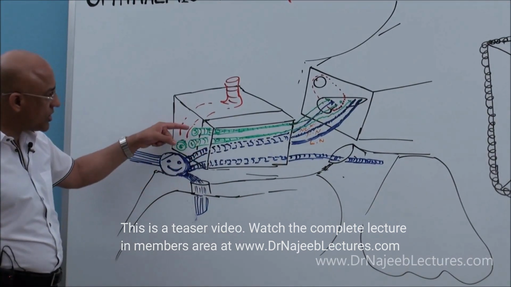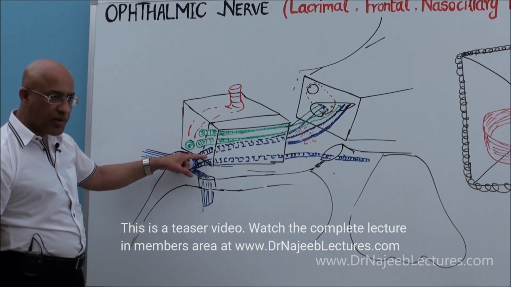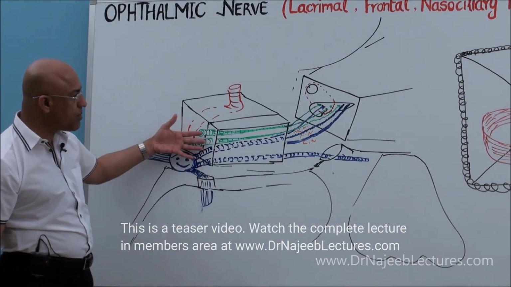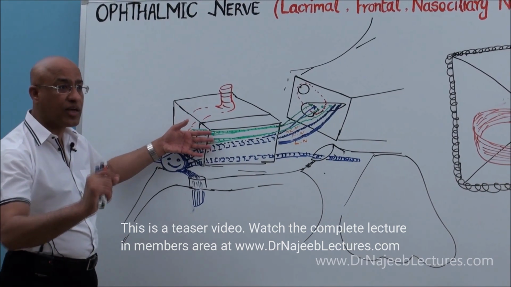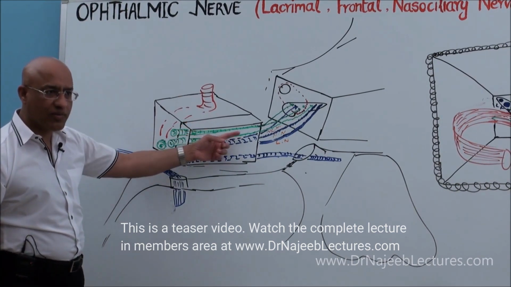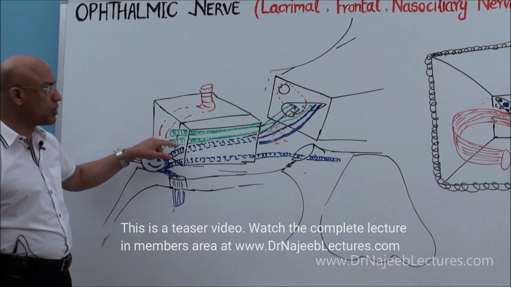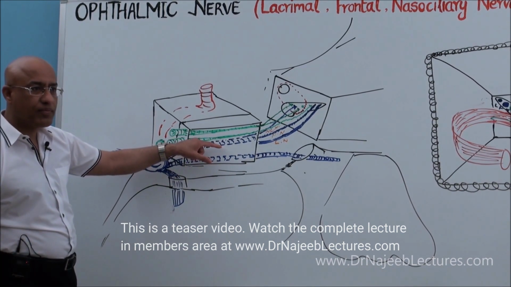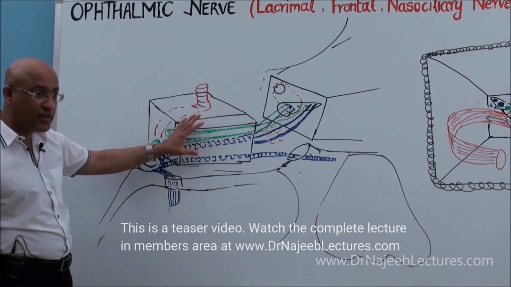But all these structures, third and fourth cranial nerves, oculomotor, trochlear, ophthalmic, and maxillary, are traversing not through the cavity of the cavernous sinus; all of them are traversing through the lateral wall of the cavernous sinus. Meanwhile, the sixth cranial nerve is passing through the cavity of the cavernous sinus. Is that right? As I mentioned in some previous lecture.